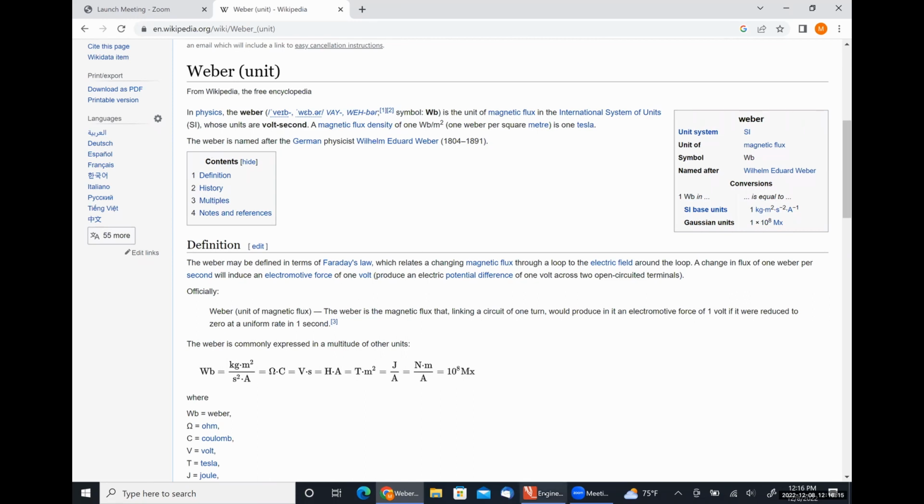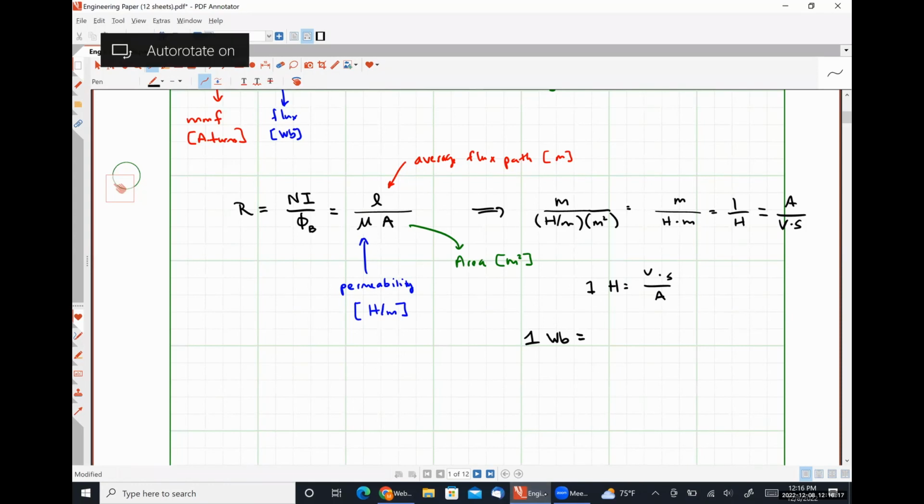So if a Weber is 1 volt second, then a Henry is a Weber per ampere, and the inverse of a Henry would be an ampere per Weber, which is effectively what our reluctance unit is. So there's lots of little bitty dumb relationships buried in there, but I think we've got all of them written down on the same page now.